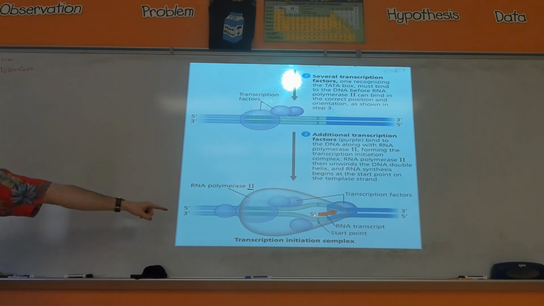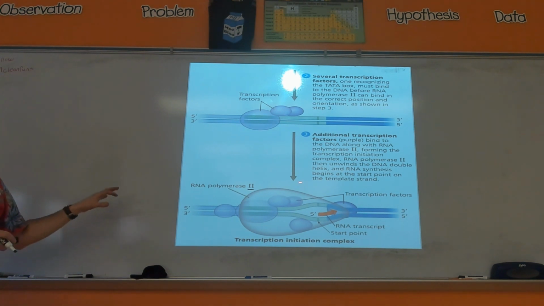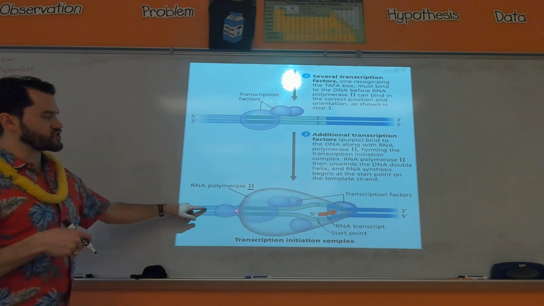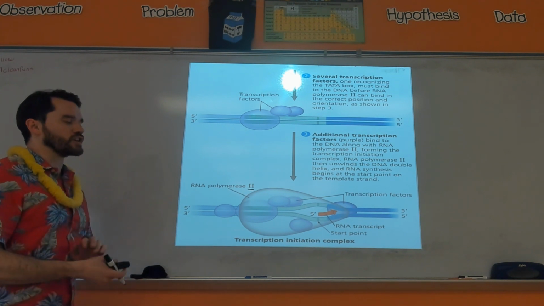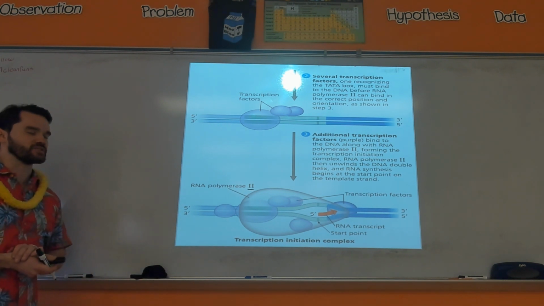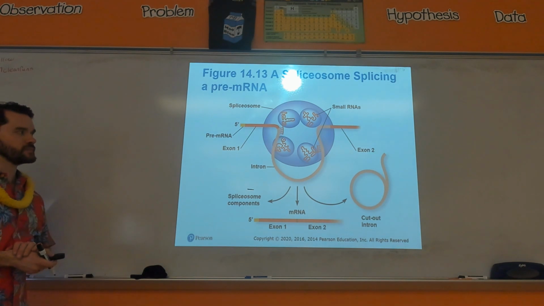And again, notice the 5', 3'. And keep in mind that we would have a helicase. There's a helicase-like function to some of these proteins that would help us to unwind it and get things going. Oh, and when you're talking about the transcription factors plus the RNA polymerase, that whole thing, we can call it a transcription initiation complex, so all those proteins together.